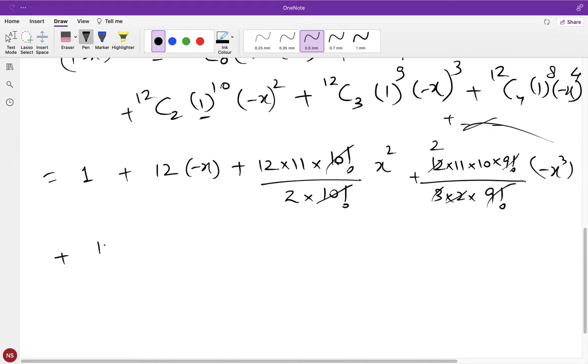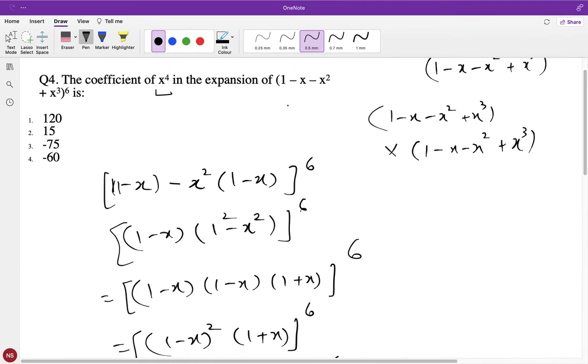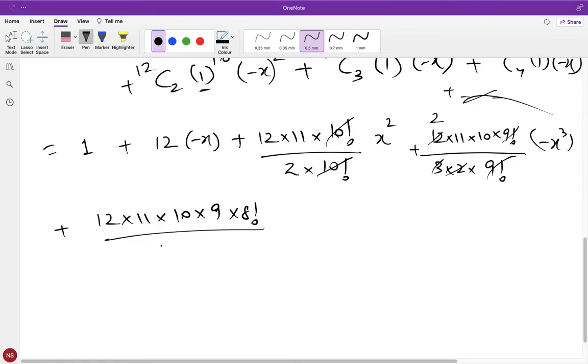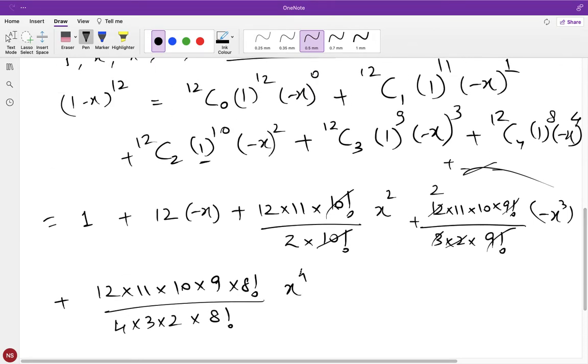Plus 12c4 is 12 times 11 times 10 times 9 times 8 factorial. Since the options are all these numbers, none in the form of nCr, so I'm not going to keep it in this form either. I'm going to expand. 4 factorial is 4 times 3 times 2 and 8 factorial and x4, right? No minus sign this time.